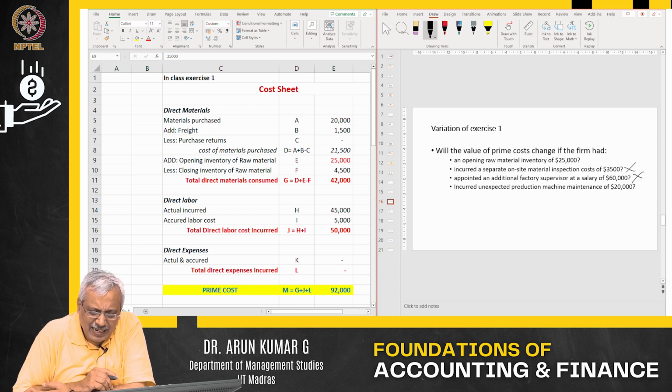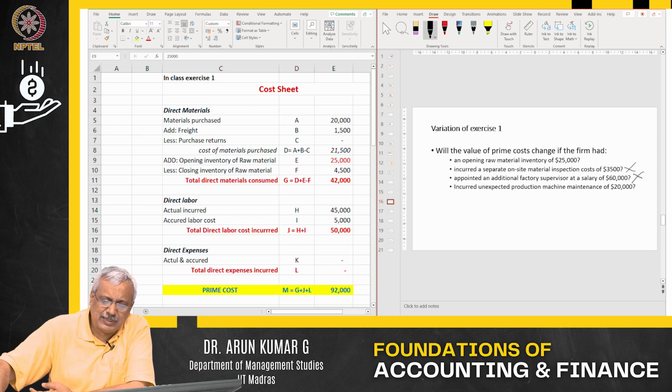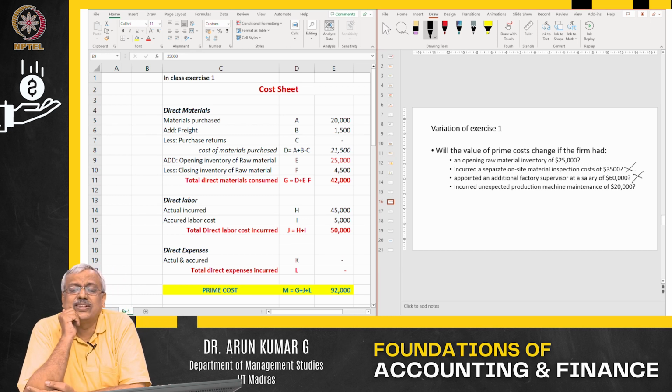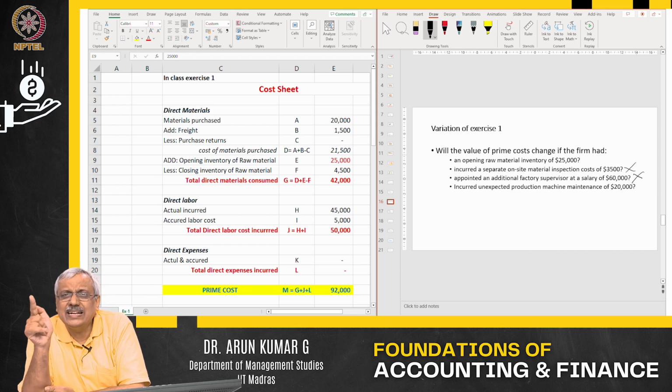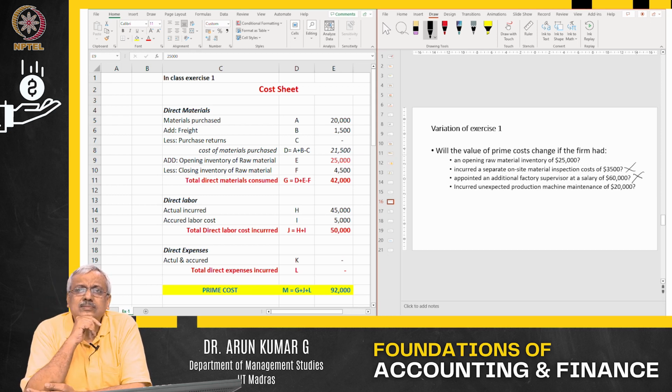What is the third one? Incurred unexpected production maintenance, machine maintenance, 20,000 rupees. You have done maintenance of the machine. Does maintenance of the machine have a relationship to the output? Well, yes and no. If I maintain the machine, it will run well; if I don't, it will not run well. So it is related to production.